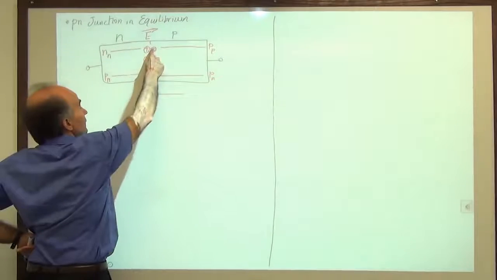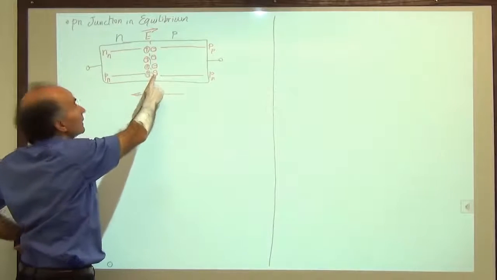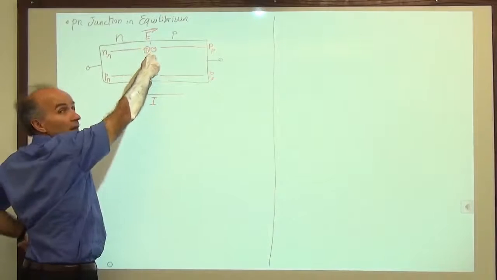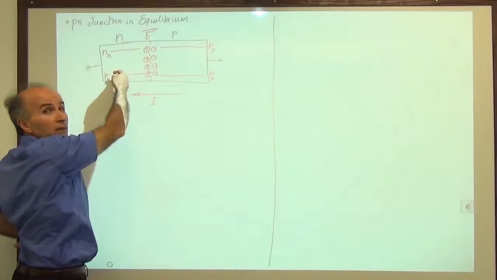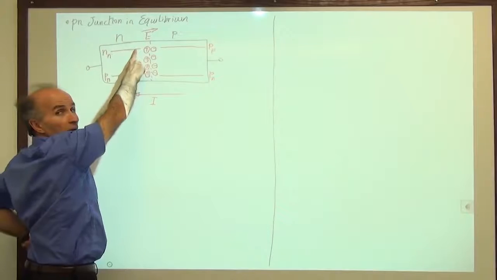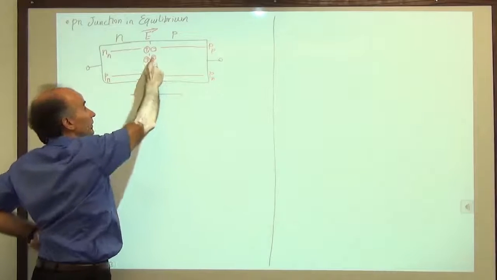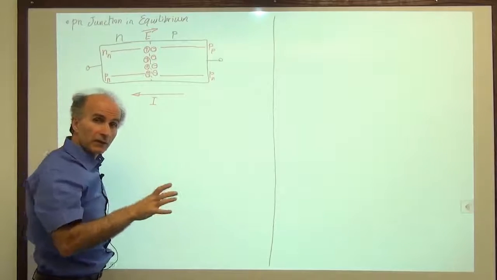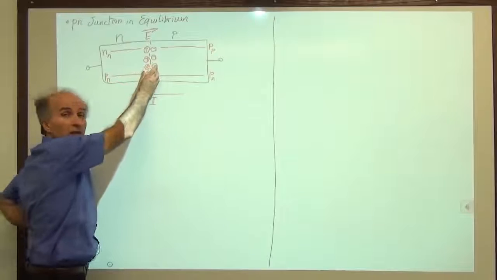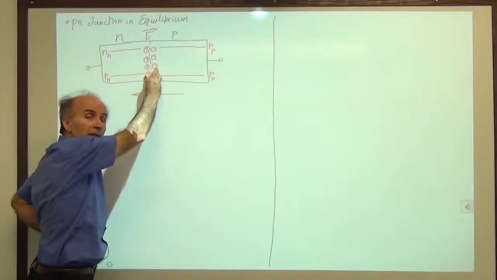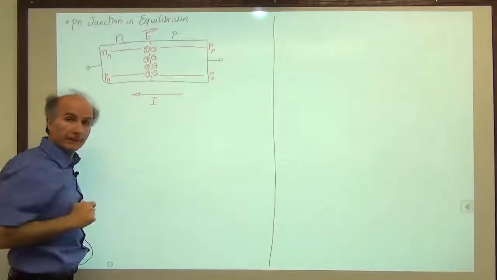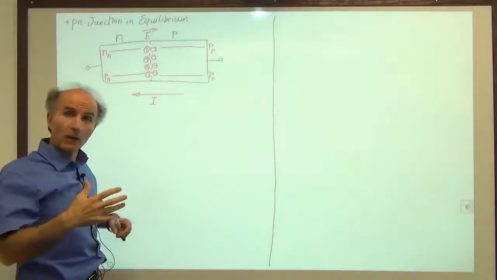Similarly, because of these negative ions here, the field says, if you bring a negative charge here, I want to push it that way. So if these free electrons want to diffuse this way, the electric field wants to stop them. So the electric field that is being created in this region is opposing the diffusion current of the electrons and the holes. So you can see now what happens, right?